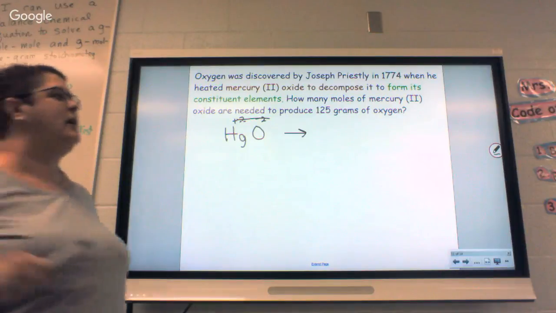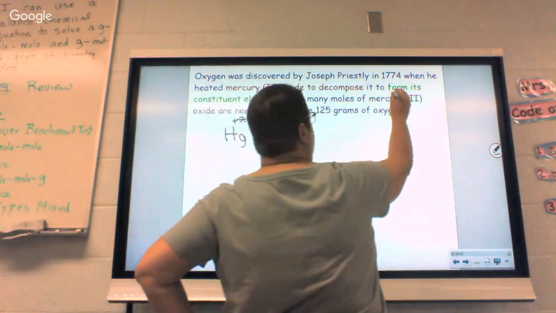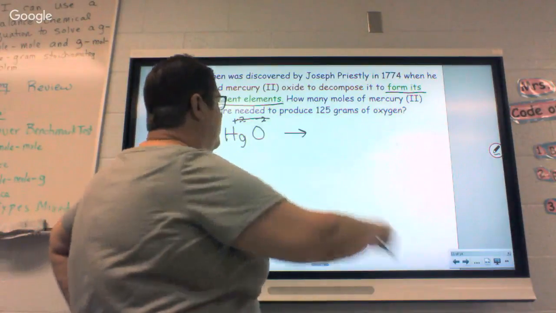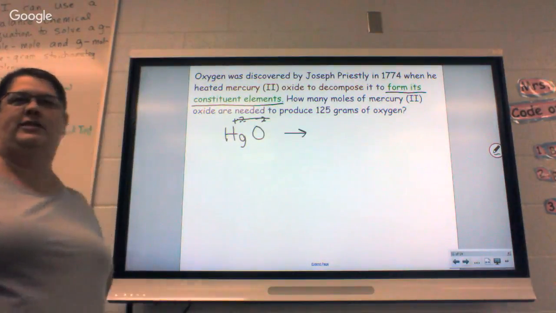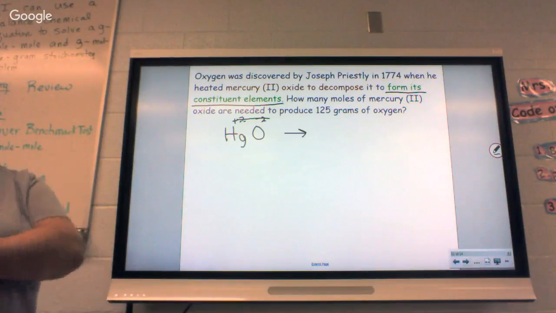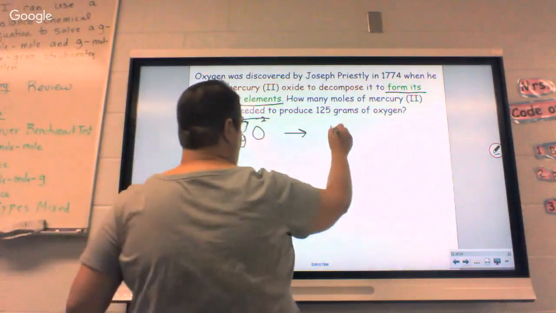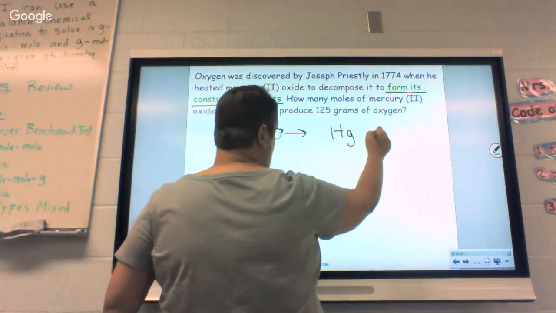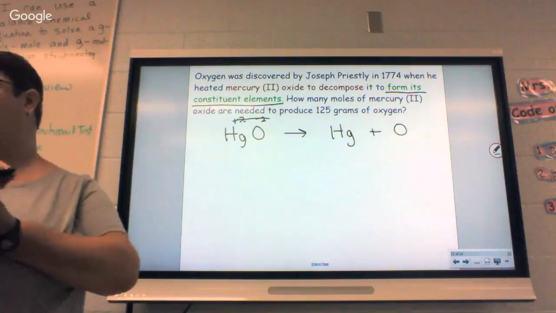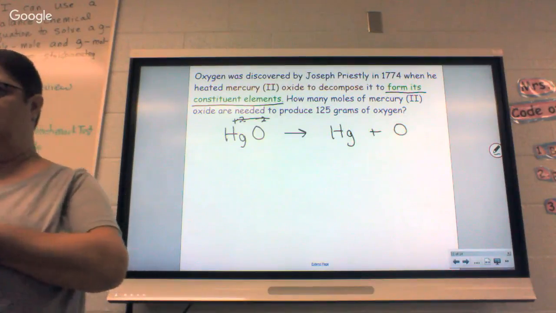So, what does it make? All right, you see how it says it forms its constituent elements? Constituent. All right, it forms its constituent elements. That's the same thing as saying what you guys already know, that it breaks down into Hg plus O. Now, because those are elements by themselves, what do you always ask yourself?